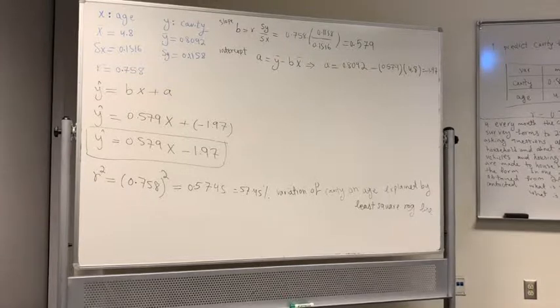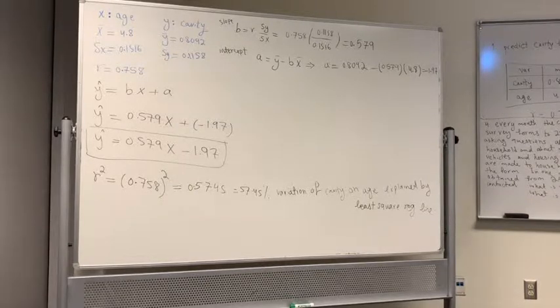Okay. Another question. The next question says, a researcher calculates a least square regression line to predict the number of cavities in children from their age.